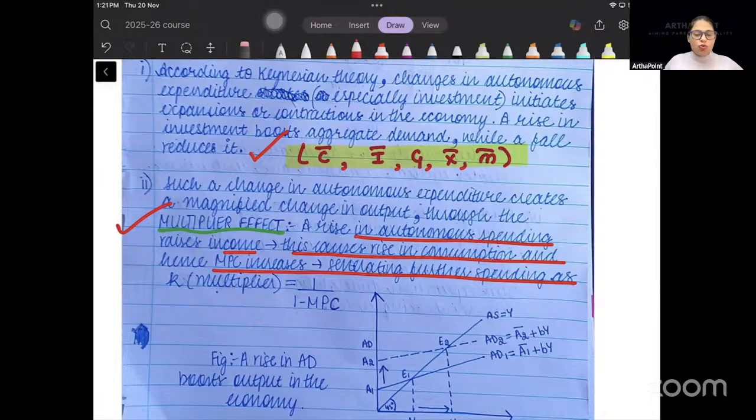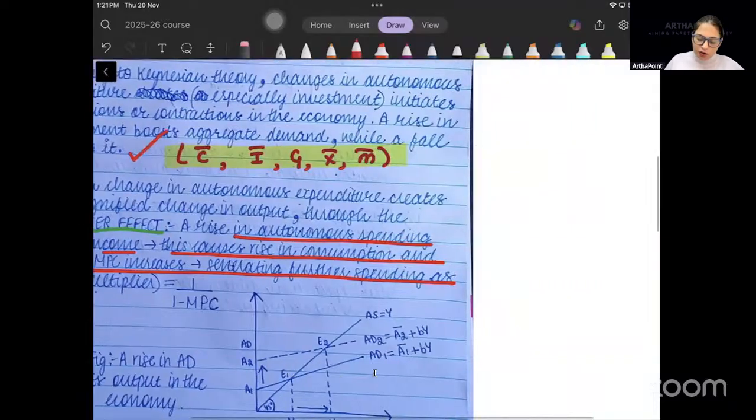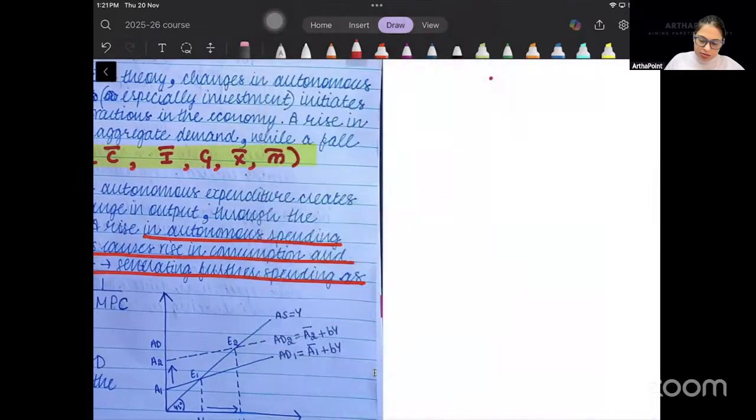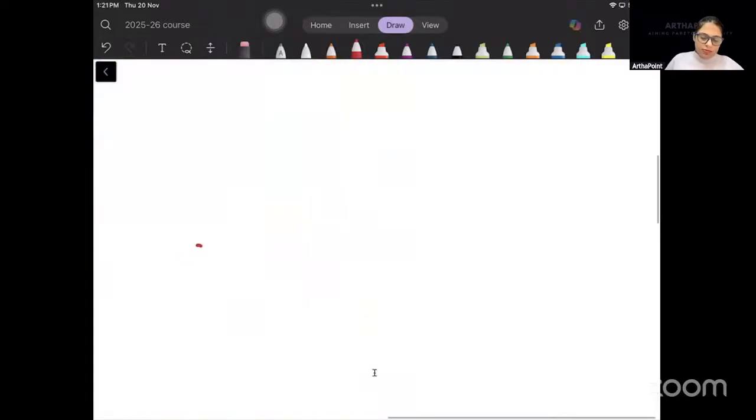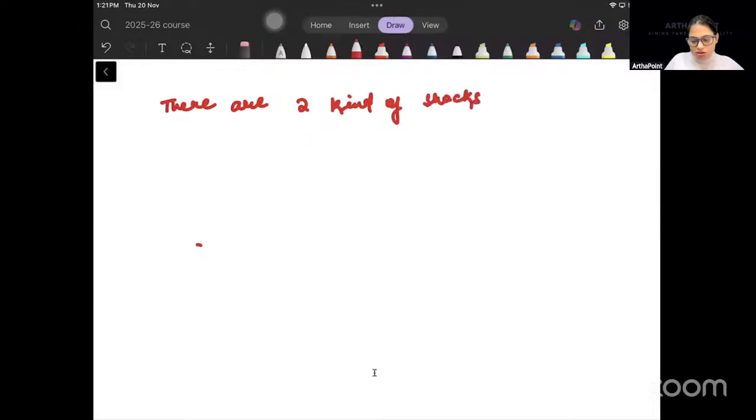That's the first thing. So if I were you here, I would have said that there are two kinds of shocks: A, temporary; B, permanent.